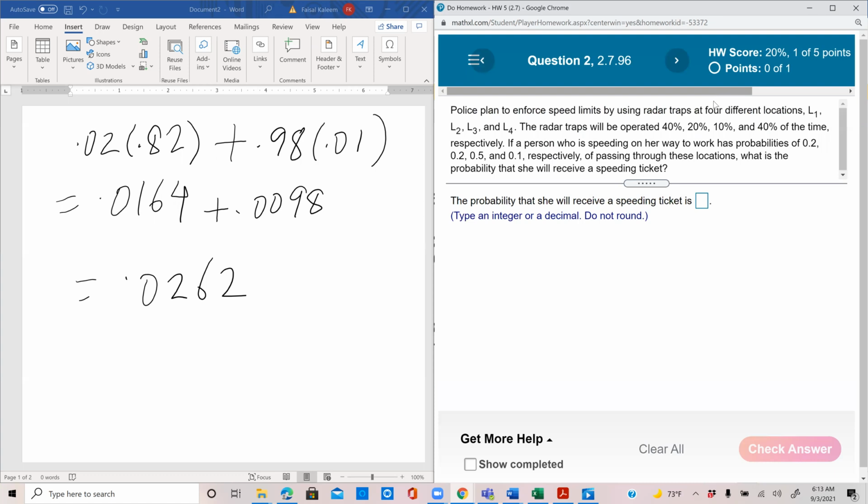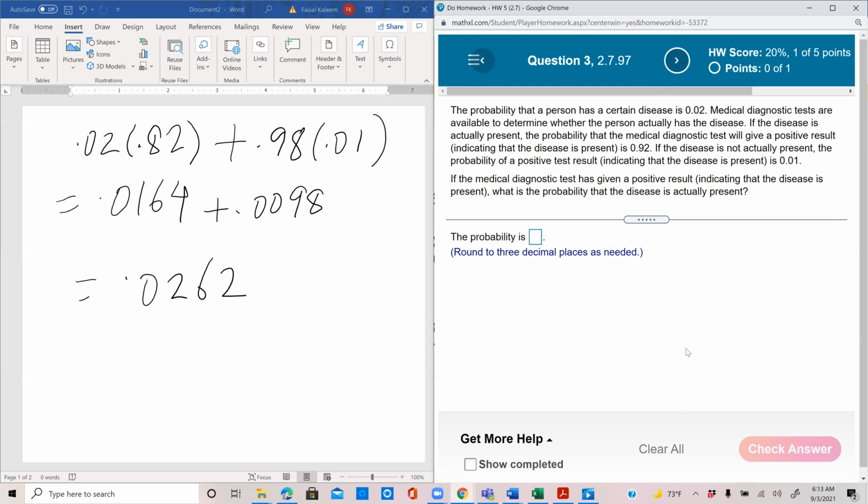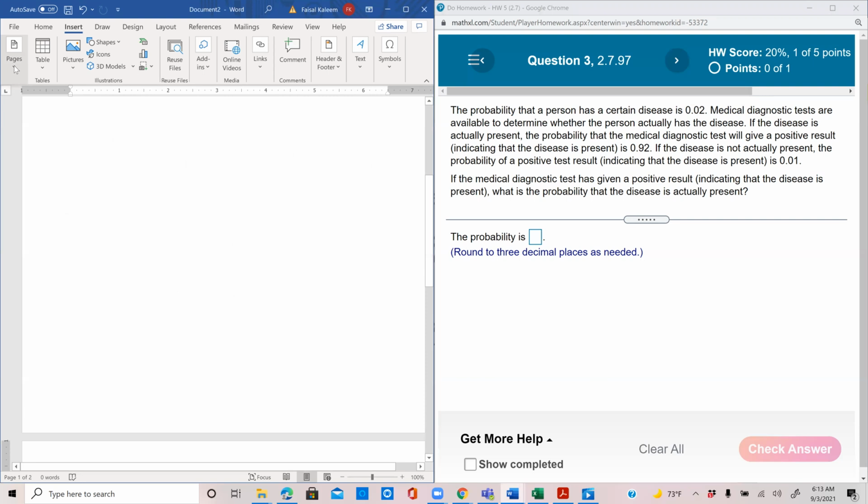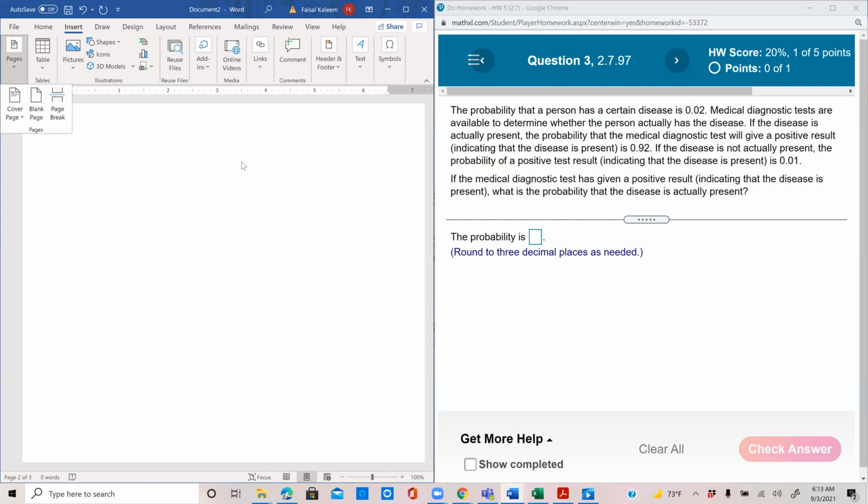So this one is similar. Okay, so now this is very similar to what we just did. Again, let's make the same convention: the probability that you have the disease, so it's sick or not sick.